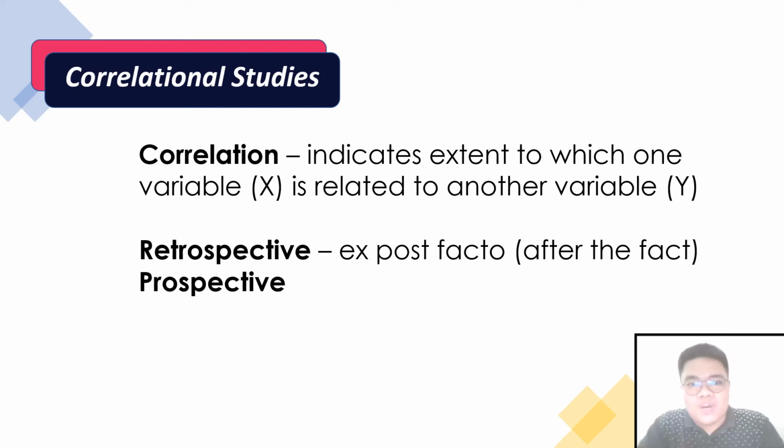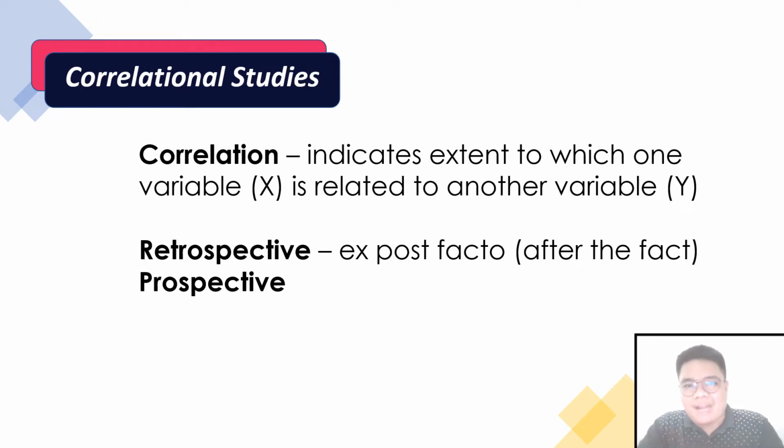Then you have your correlational studies. I've mentioned this in the earlier slide. When I talk about correlation, it indicates to what extent one variable, in this case x, is related to another variable, which could be represented as y. Commonly, you will hear studies about knowledge, attitude, and practices.